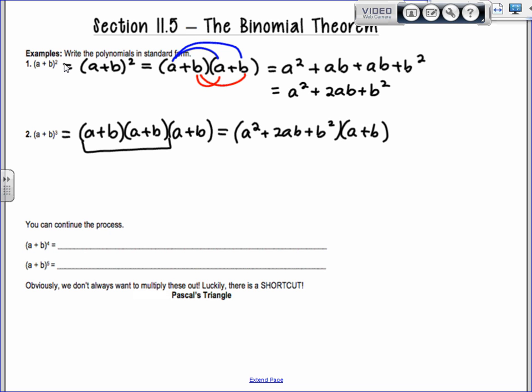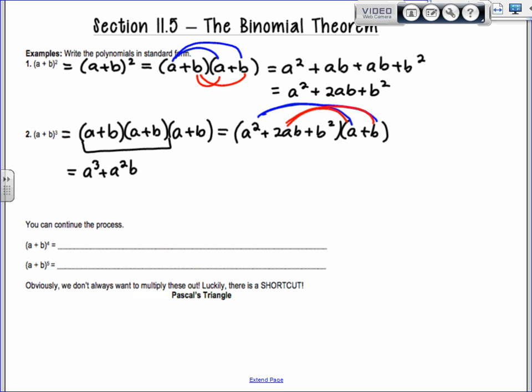Okay, so when I have 2 polynomials multiplied by each other, I'm going to take the a squared and multiply it into both things in the second polynomial. Remember this from like chapter 6 or something. So I'm going to have a squared times a is a cubed, and then a squared times b is a squared b. And then I take my 2ab and multiply it into both things.